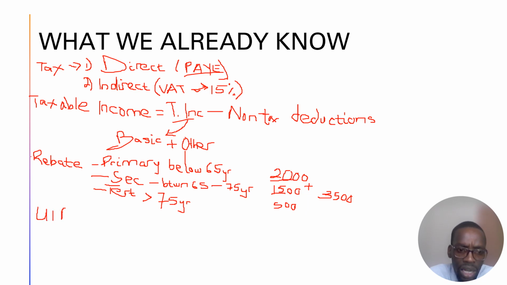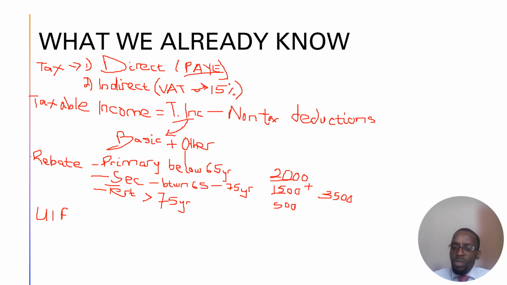Right. And then we also need to understand that I mentioned non-taxable deductions, and I also mentioned the UIF. Let me just explain something about UIF. UIF is an acronym that means Unemployment Insurance Fund. This is a contribution that is made by everyone who is earning some income. This contribution is normally 1% from the employee and 1% from the employer.